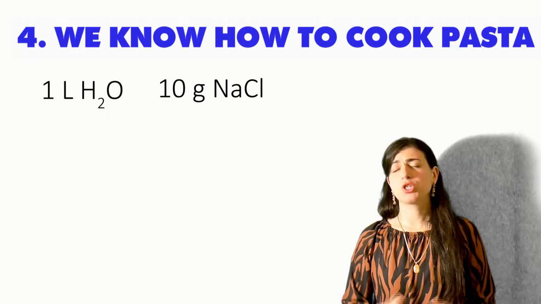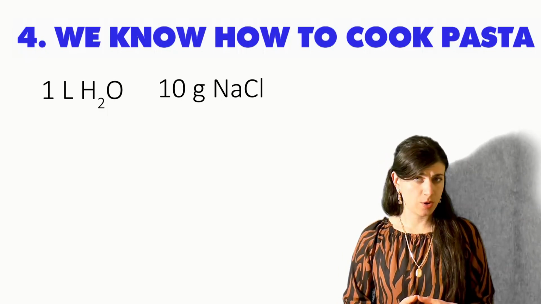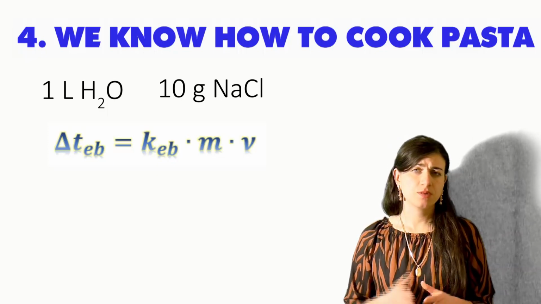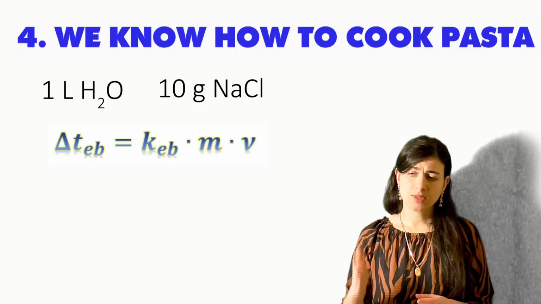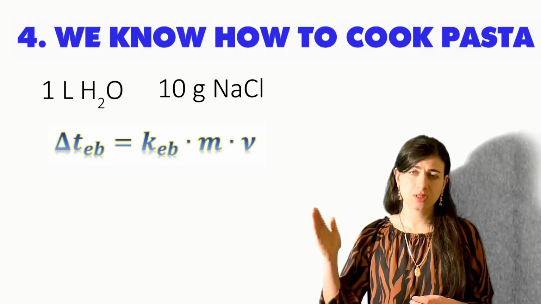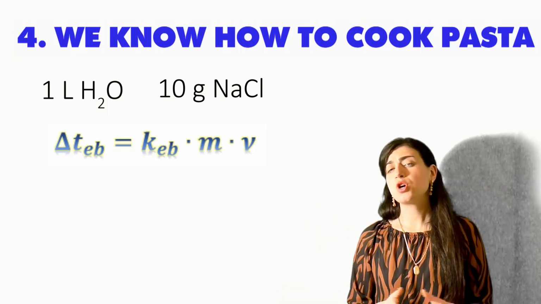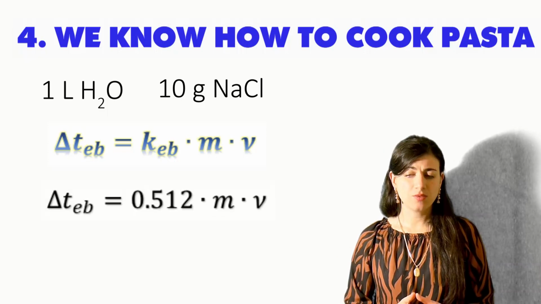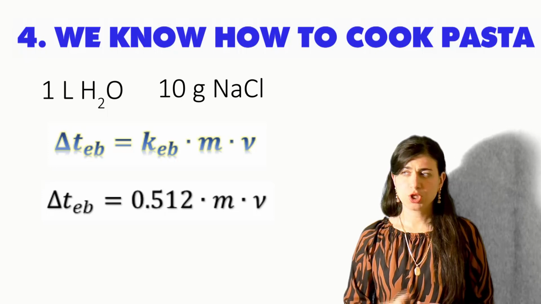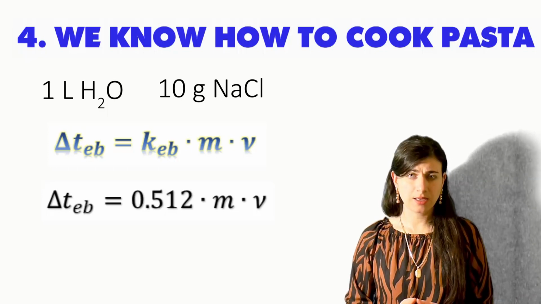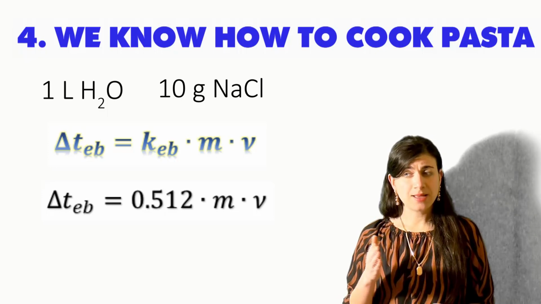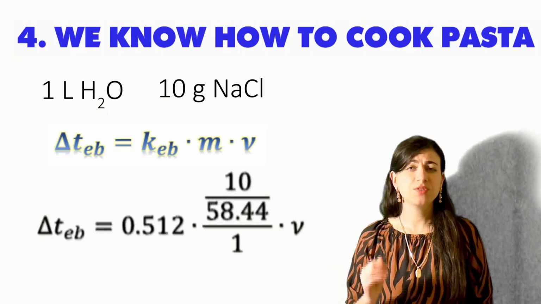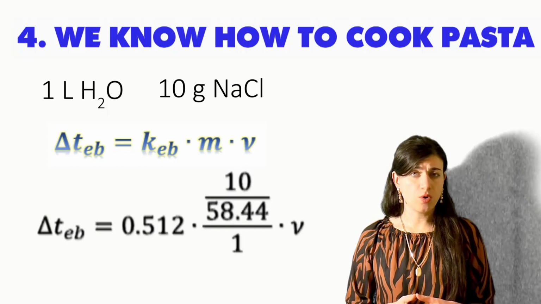Let's take our equation about elevation of boiling point. So delta T of boiling points equals K times m times i. So the ebullioscopic constant K for water is 0.512. m, which is the molality, is given by 10 grams of NaCl divided by the molar mass of NaCl, which is 58.44.